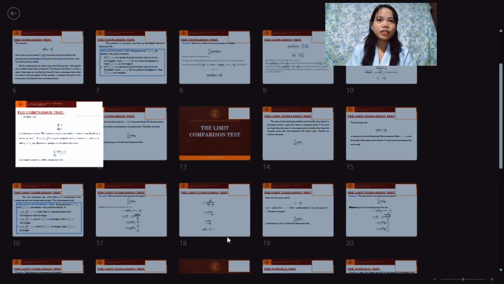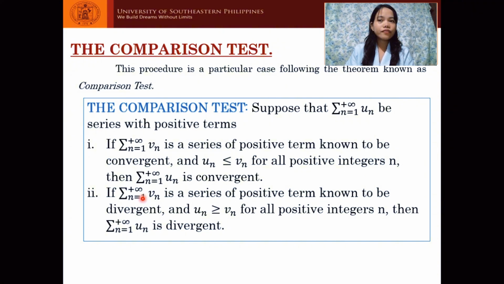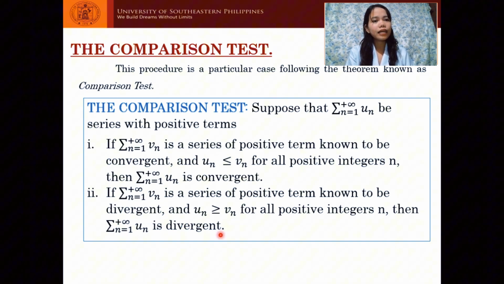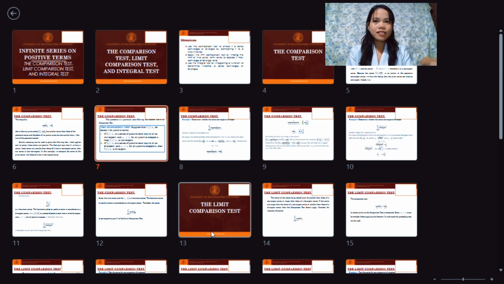This part 2 tells us that if the summation of u sub n is a series of positive terms, and the v sub n earlier, which is 1 over n, is a harmonic divergent series, and we prove also that u sub n, which is the ln of n plus 2 over n, is greater than 1 over n for all positive n, then we can conclude that our series is a divergent series.